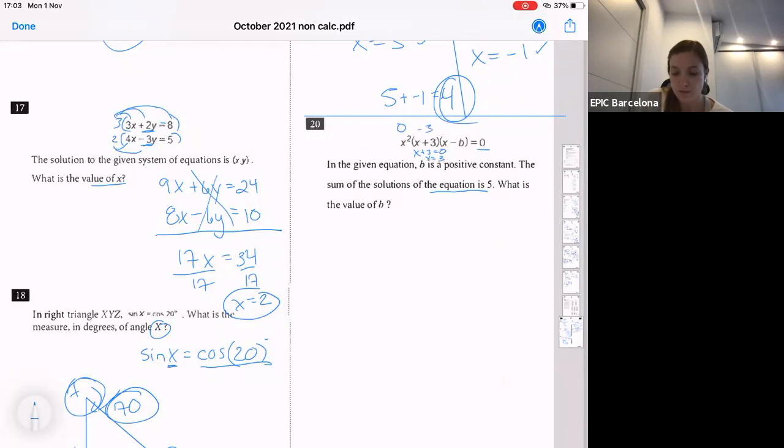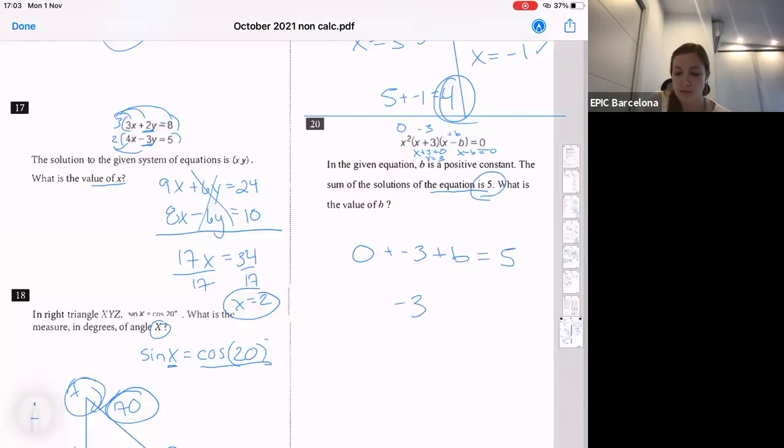And for this one, I would have x minus b equals 0, so the solution would be +b. So my solutions are 0 plus -3 plus b, and according to this, they're all equal to 5.